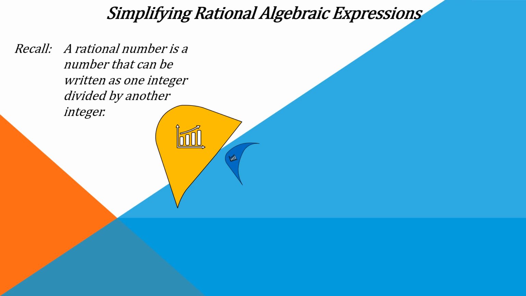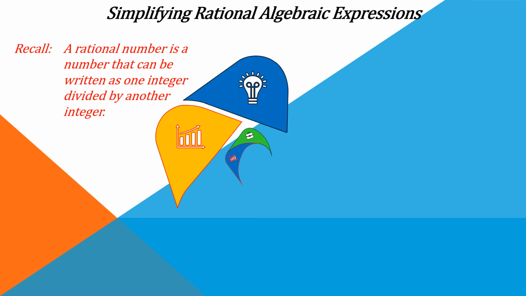When we say ratio of two numbers, it is a division of two integers. Example, -1 divided by +2. So in this example, -1 is an integer as well as +2.